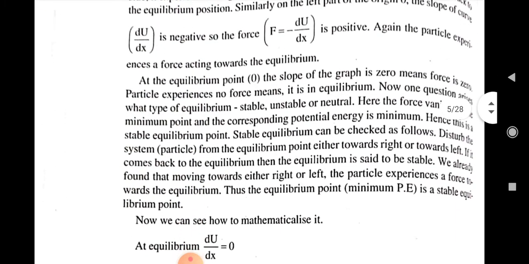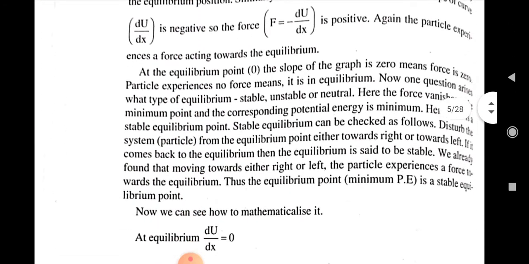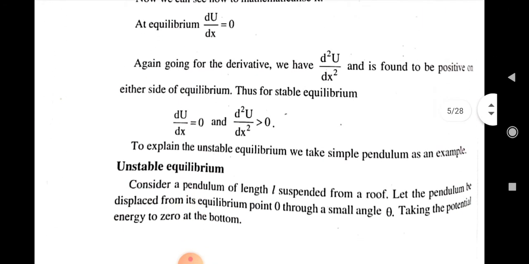Then what do you mean by unstable equilibrium? If the curve has this shape at a particular point, it is a stable equilibrium point, and if on either side d square u by dx square is positive, that is the curvature is positive, we can say that. If the curvature is negative on either side of a particular point, that particular point is said to be an unstable equilibrium point.